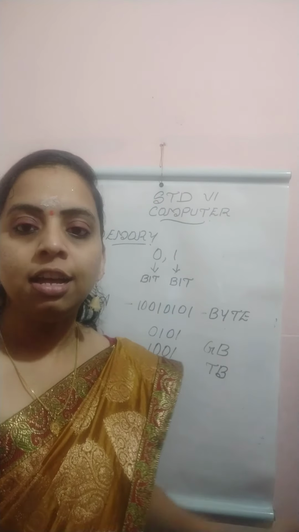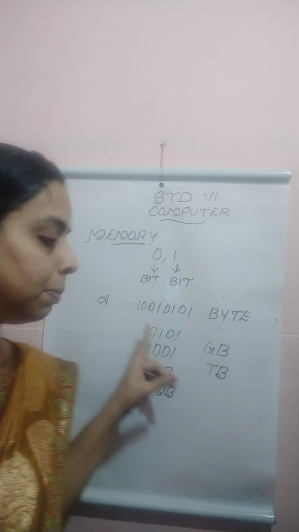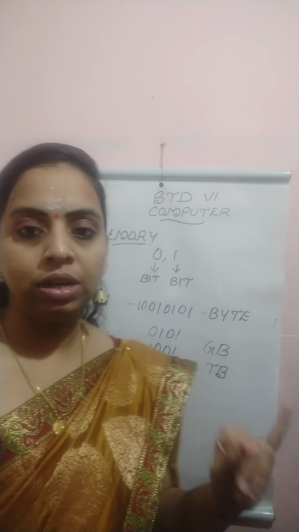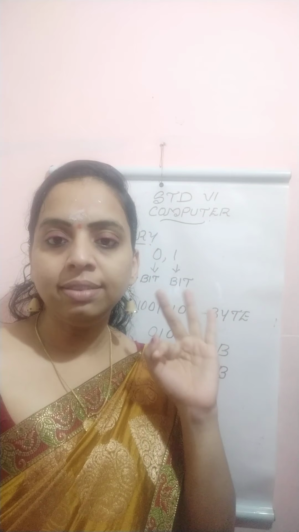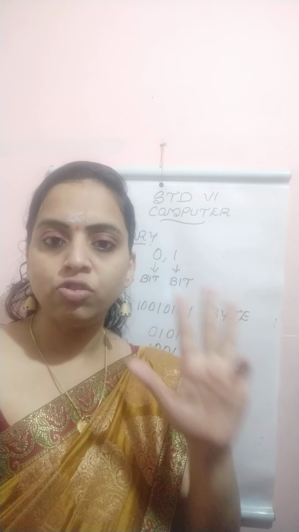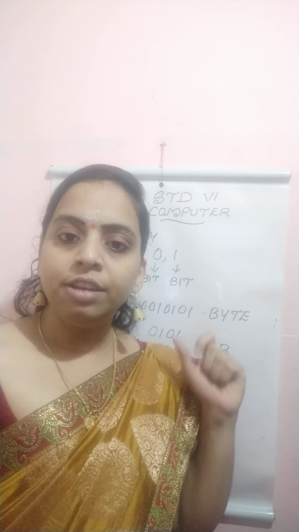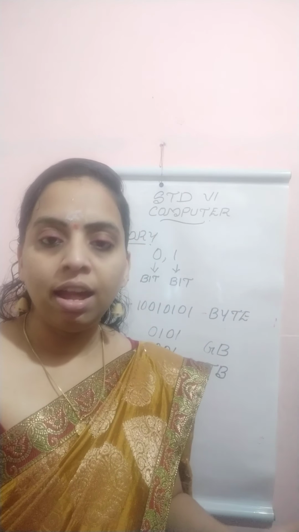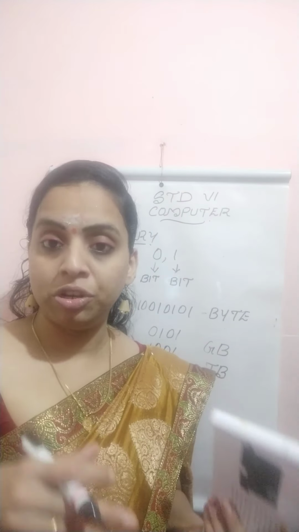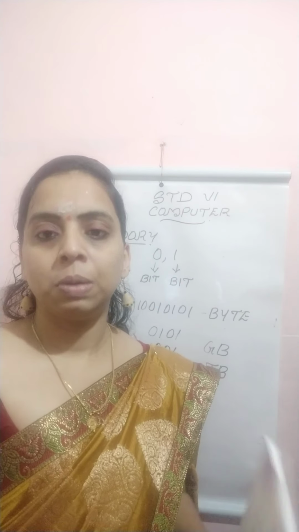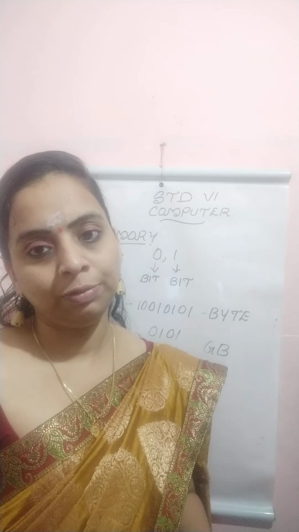Did you understand? So, we measure the computer memory in terms of these units: bits, nibble, bytes, kilobytes, megabytes, gigabytes and terabytes. You have to learn that table. It will be useful in your higher classes also. And if you are specializing in computer after your school studies, it will be more useful for you.